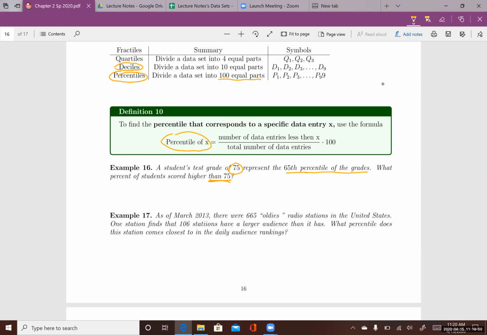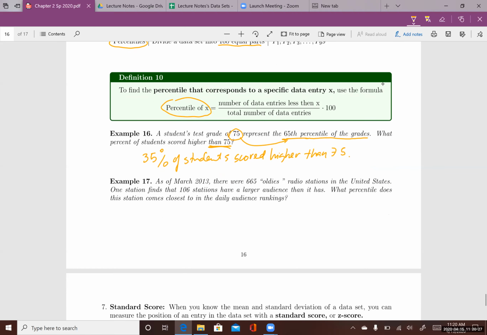So if 75 represents the 65th percentile of the grades, then 35% of students score higher than 75, because 65% of the students score lower than 75.